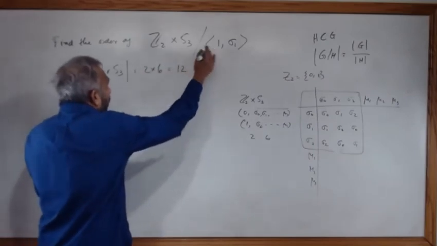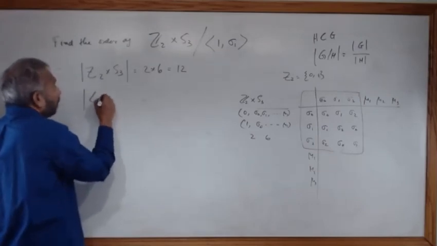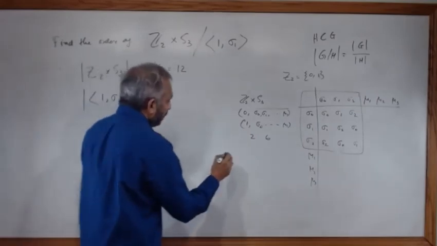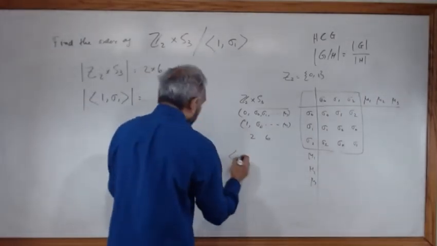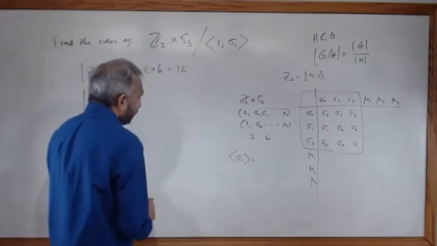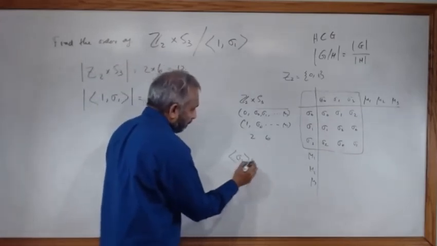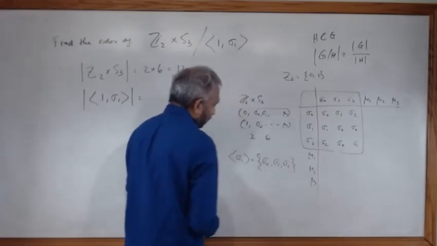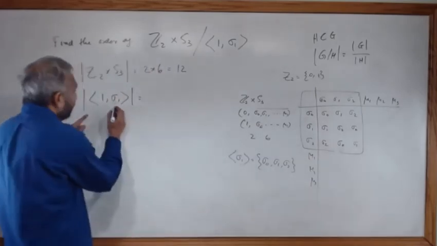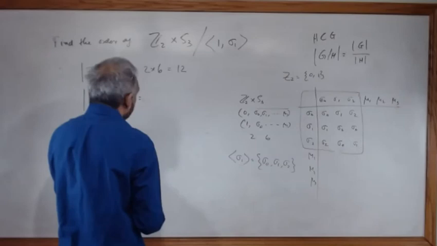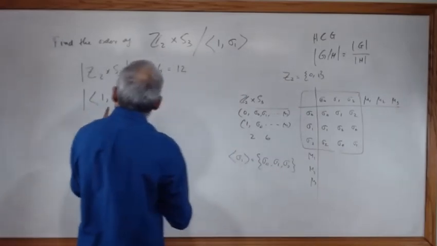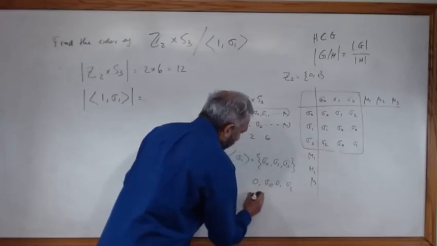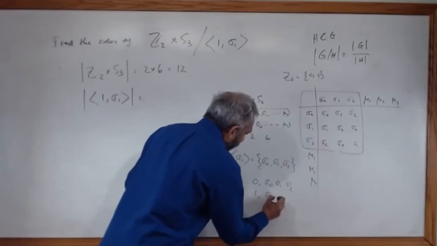And we need to find out the order of this. The order of (1, sigma 1) is going to be, see, the subgroup generated by sigma 1 is equal to {sigma 0, sigma 1, sigma 2}. So (1, sigma 1) means this will be (0, sigma 0), (0, sigma 1), (0, sigma 2), then (1, sigma 0), (1, sigma 1), (1, sigma 2).